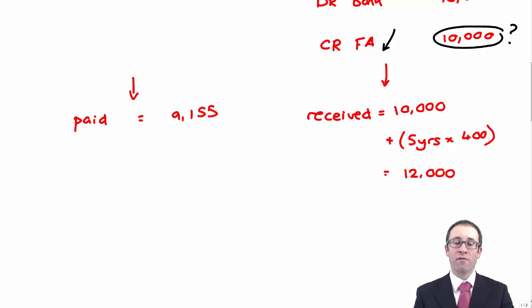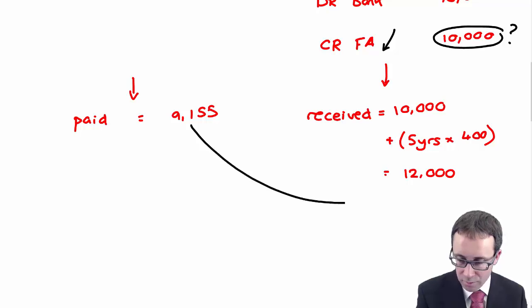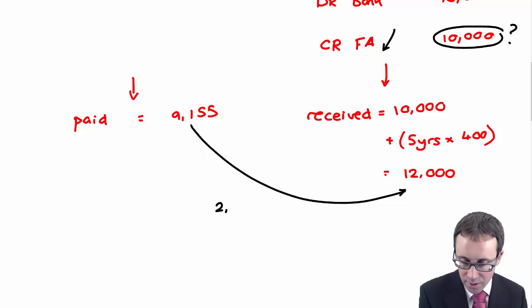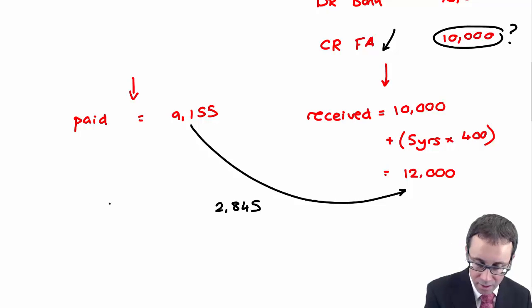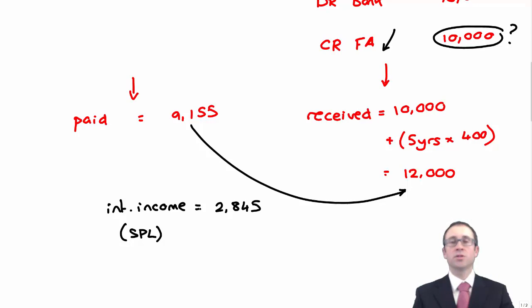Okay, we paid 9,155. The amount that we receive is 12,000. So the difference between the two is 2,845. That, ladies and gentlemen, will be our interest income that we need to record through profit or loss.